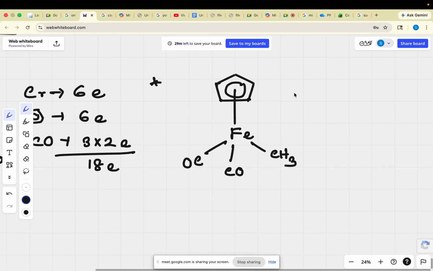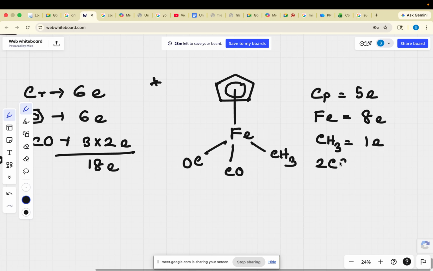So you have the cyclopentadienyl Cp unit. Cp will donate how many electrons? 5 electrons. Iron donates 8 electrons. This methyl will donate 1 electron, and from the 2 carbonyls you will get 4 electrons. So 5, 8, 13 plus 1, 14 plus 4, 18 electrons.